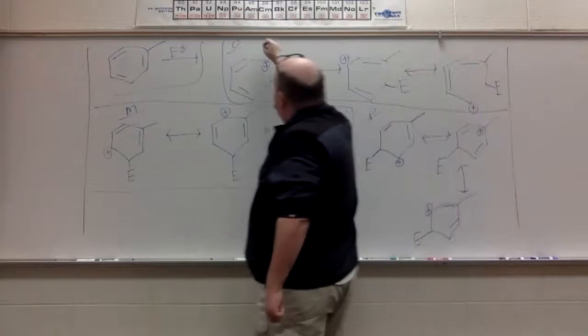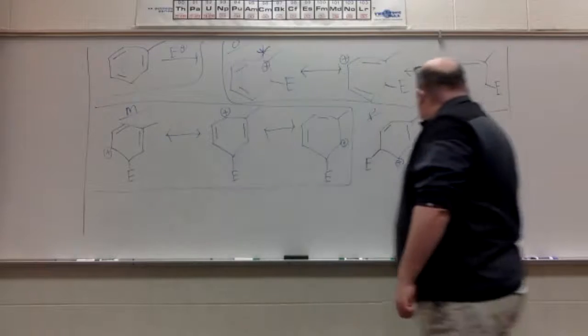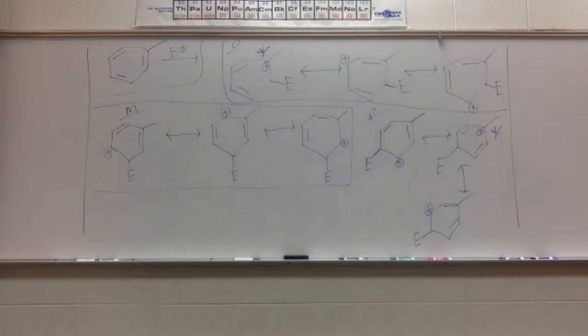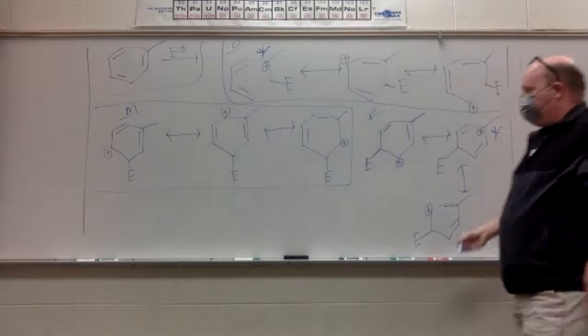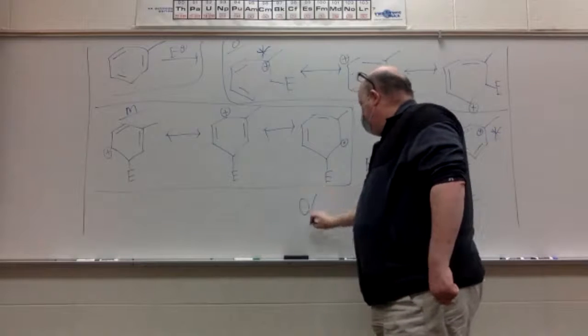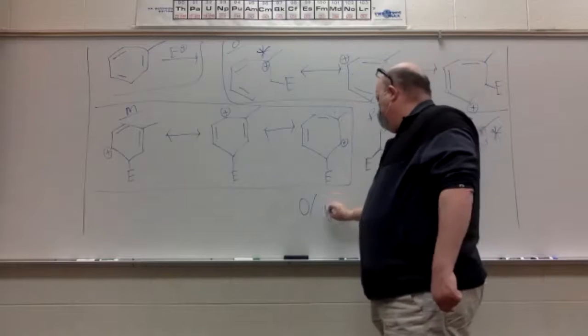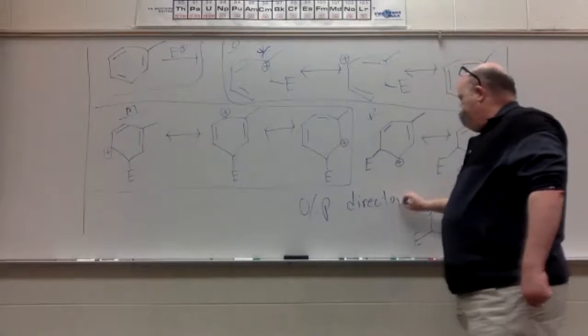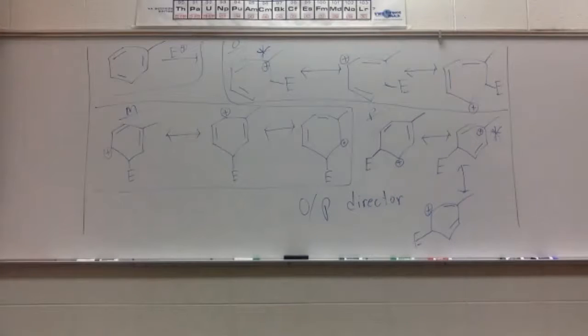Both ortho and para have this tertiary allylic carbocation. That's a good thing, and that adds extra stabilization. So in this case, this would tell you that a methyl group is an ortho para director. And you already knew that from the table, right? But this proves it. This tells you why that's the case.